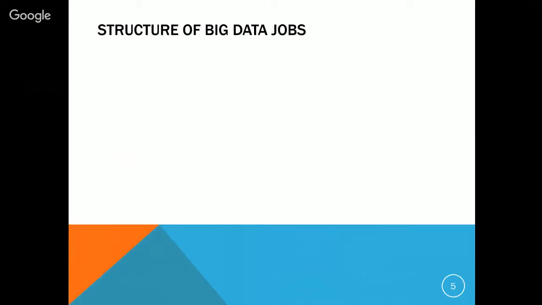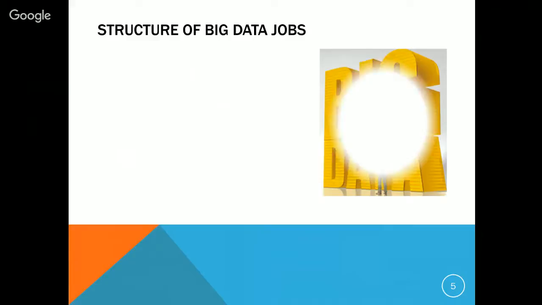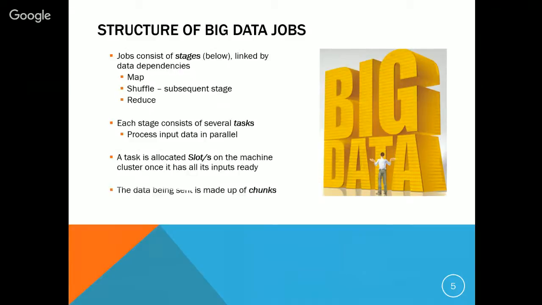So the structure of big data jobs. Jobs consist of stages, which are composed of map, shuffle, and reduce, which are linked by data dependencies. We have discussed map earlier, which is a key-value pair. The shuffle is a sequential stage of a job, and reduce we have discussed previously.